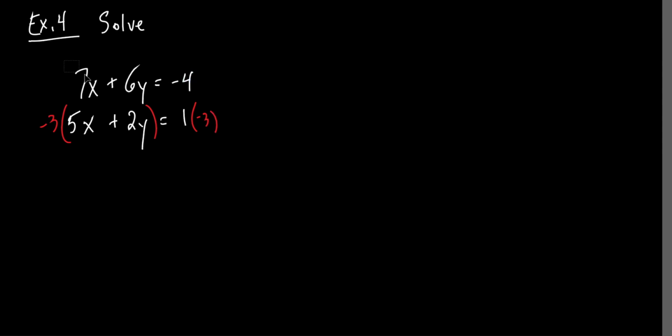All right, so let's rewrite it. I'm just going to copy and paste that one, which saves me writing it. Then I'm going to multiply everything by -3 there. So what does that give me here? -15x minus 6y equals -3. Now, look, we made this so that we could eliminate the y's, didn't we?